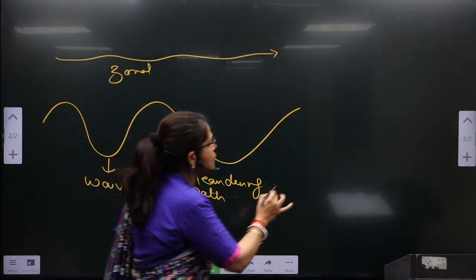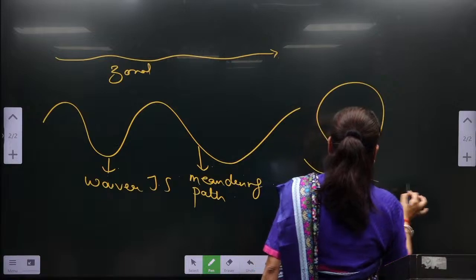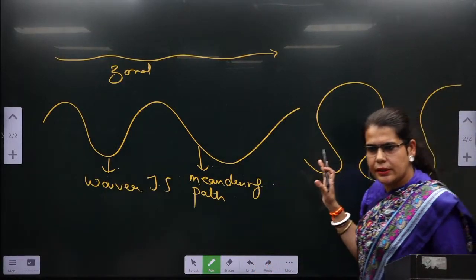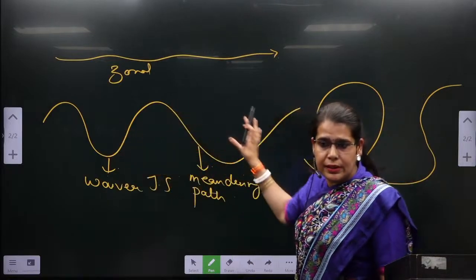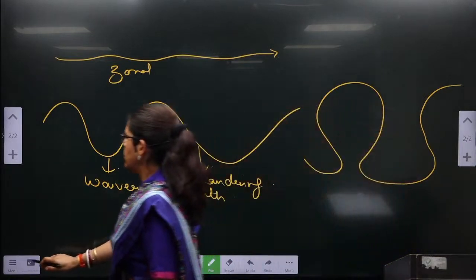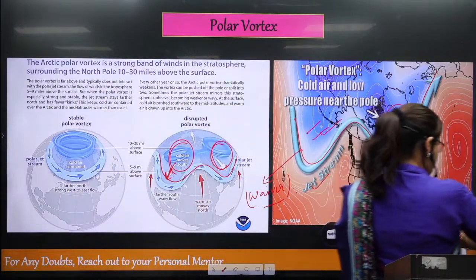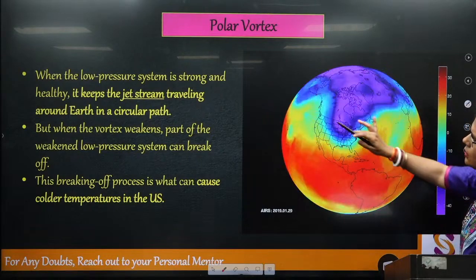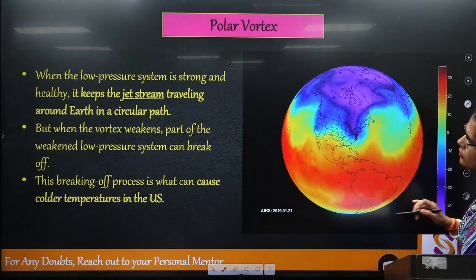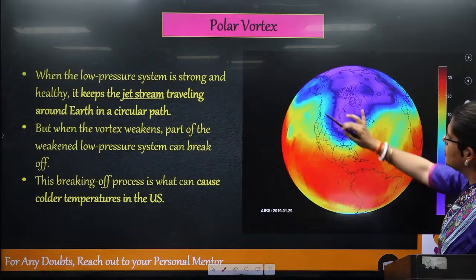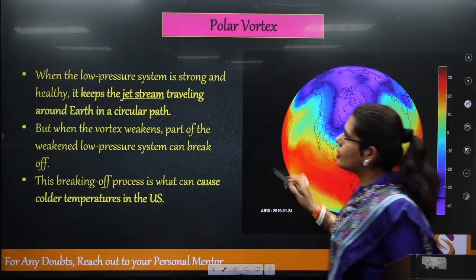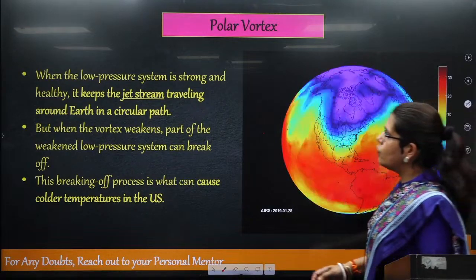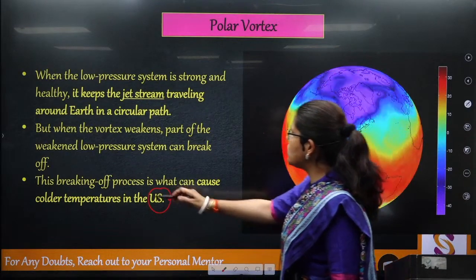And when it meanders further, it can result in this type of path as well. Okay, I hope this is clear. So because it is now wavier, right? Okay. So you can see it in the 3D animation as well. Okay, so the invasion. So this is what causes cold temperatures across parts of the US.